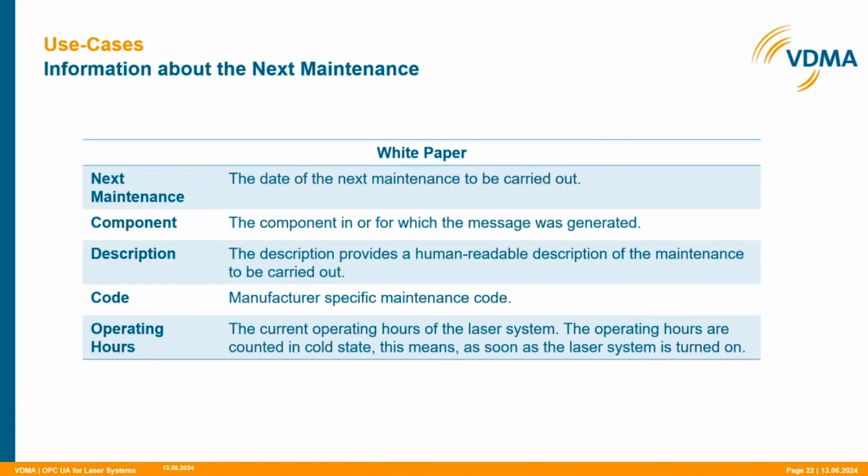The parameters are the next maintenance, when this maintenance should be carried out, the component for which the message was generated, the description of the maintenance to be carried out, the code, and the operating hours.